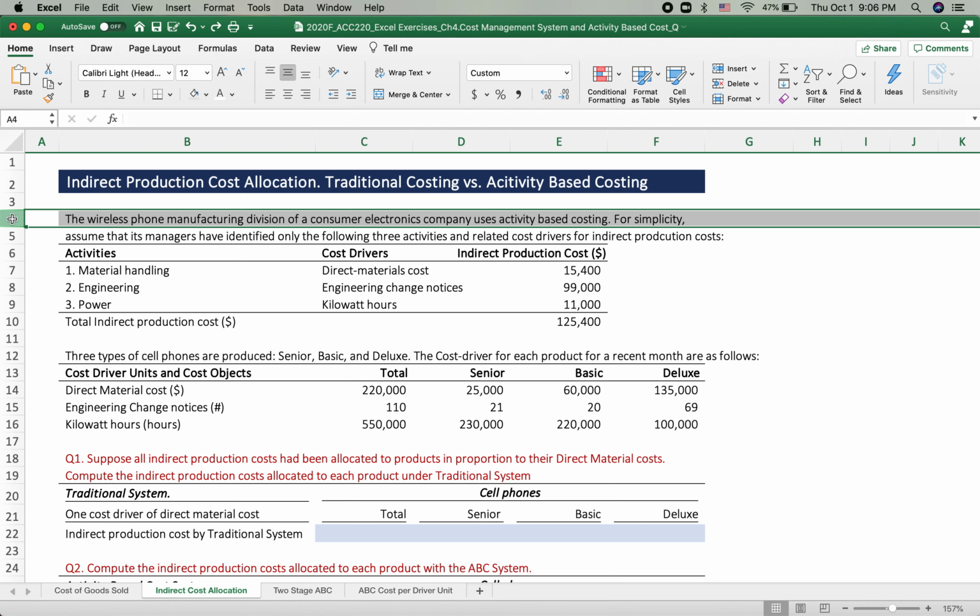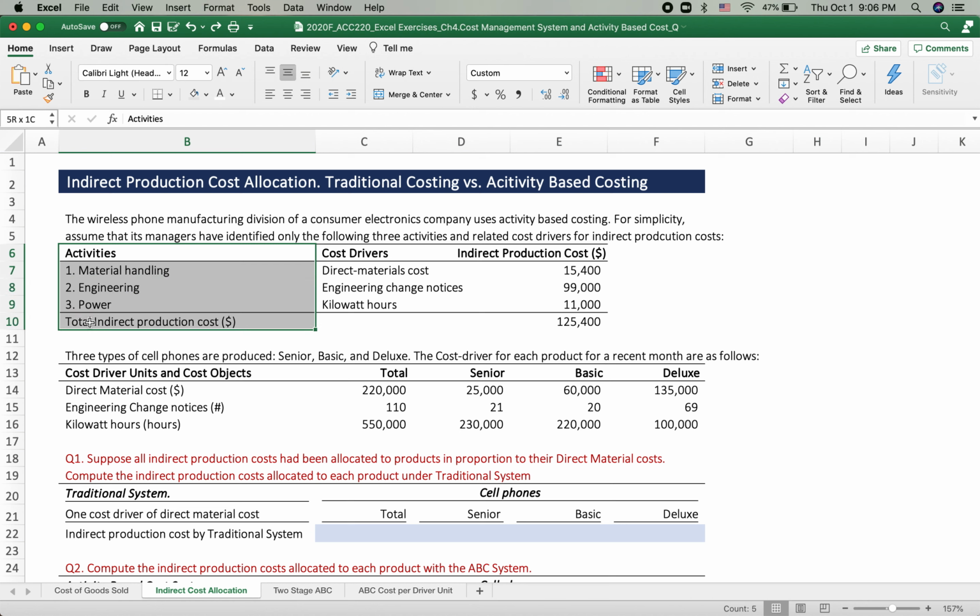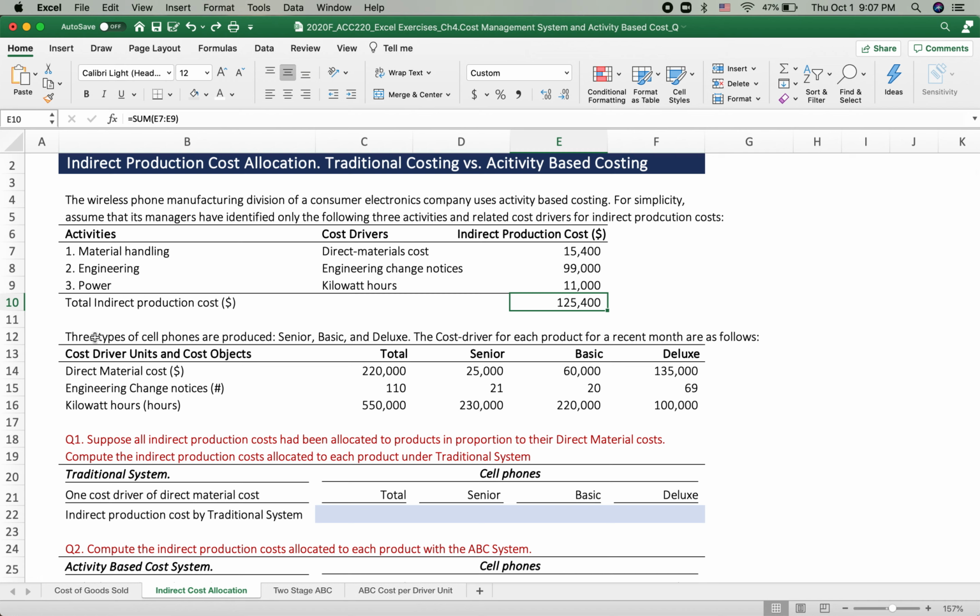Assume that its managers have identified only the following three activities and the related cost drivers for indirect production cost. We have those activities. Then the total indirect production cost is 125,400. And three types of cell phone are produced: senior, basic, and deluxe.